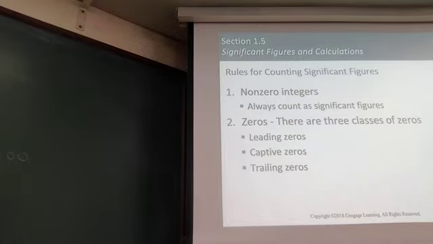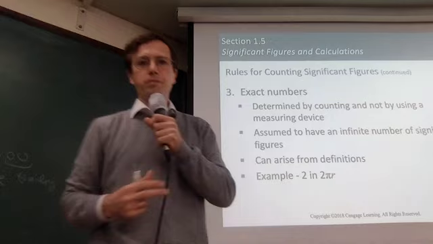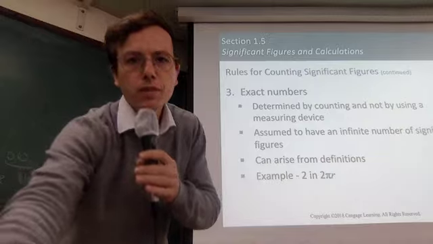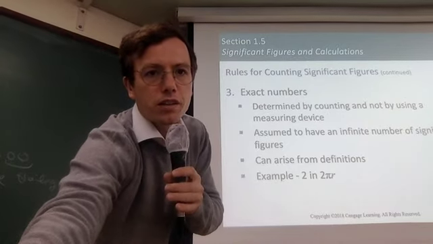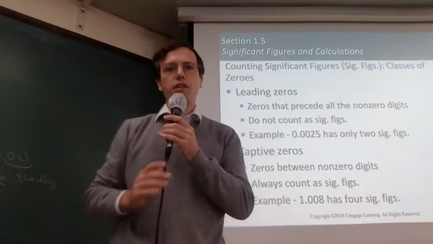Okay, so these here are the leading zeros. These are captive, and these are trailing. And we need to distinguish in how we treat these different zeros. So let's look at this first.